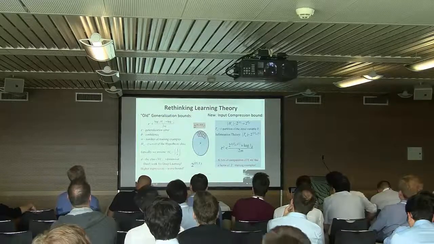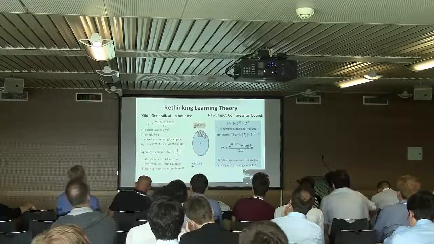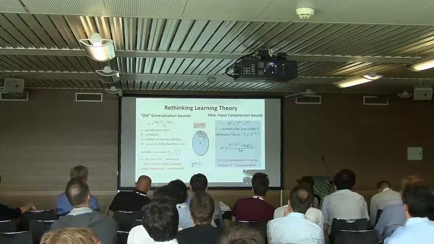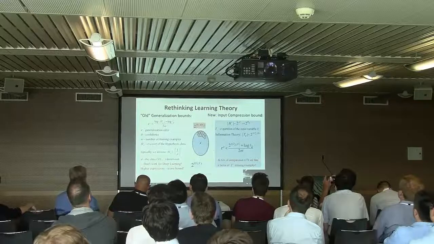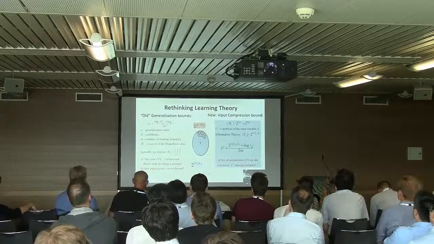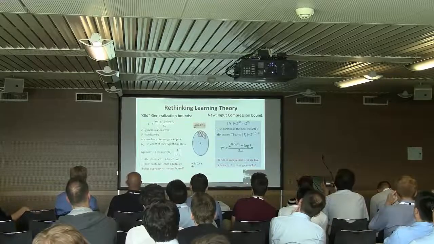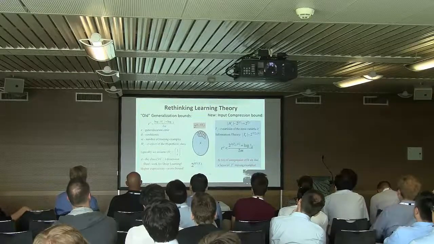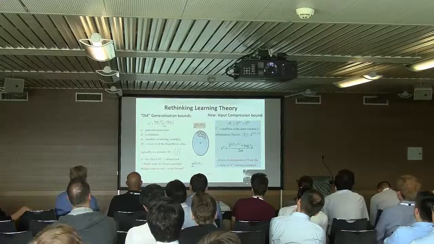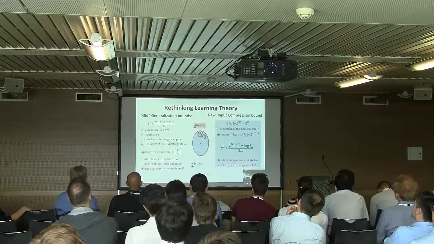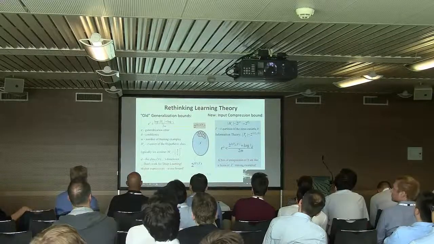This is really interesting because if I somehow managed to compress my input, then the hypothesis class, or the original hypothesis class, actually behaves like 2 to the 2 to the I. And when you plug this 2 to the 2 to the I into the low cardinality place, you get this type of bound.